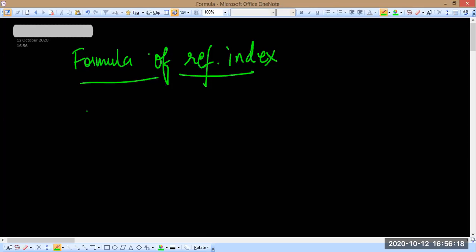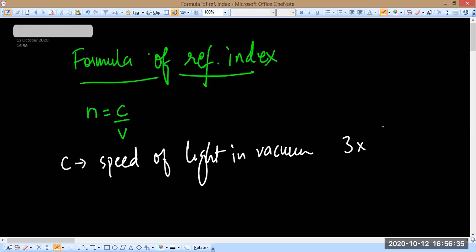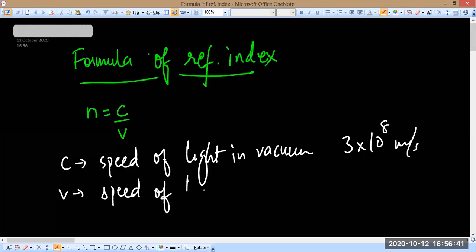The formula for refractive index is n is equal to c by v. Okay, what are the terms? C for speed of light in vacuum. So that is nearly 3 into 10 raised to 8 meter per second. And v stands for image distance, no, speed of light in that medium.